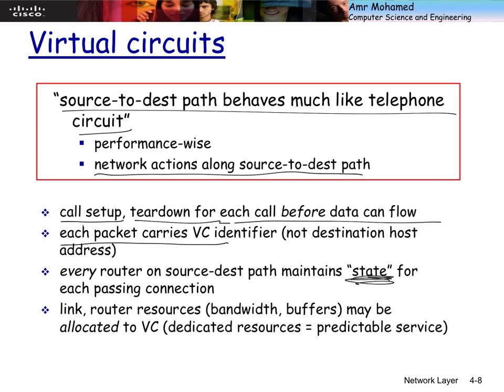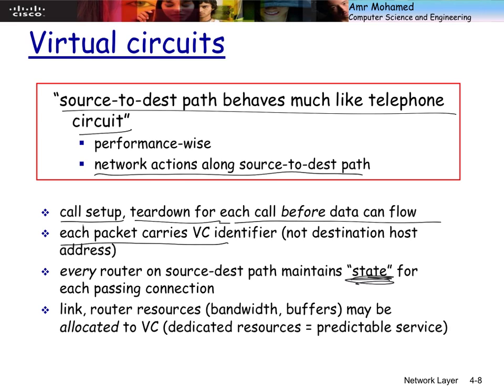So you may end up with one host trying to establish a virtual circuit to all other hosts on the network. So you can imagine the number of virtual circuits that have to be established for this type of communication. So you have millions and millions of potential virtual circuits.